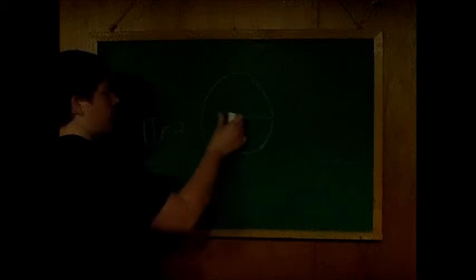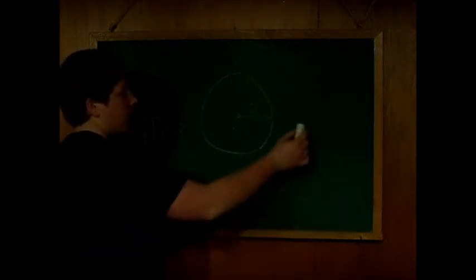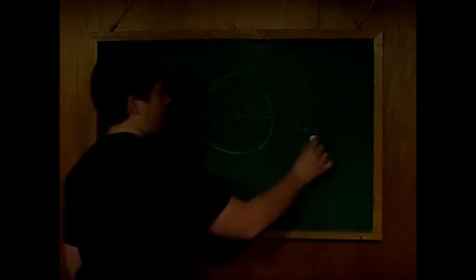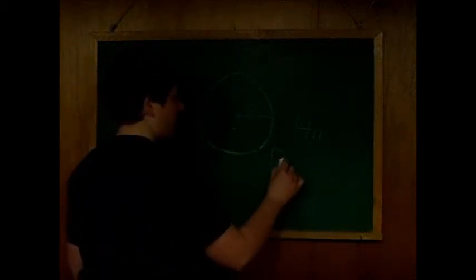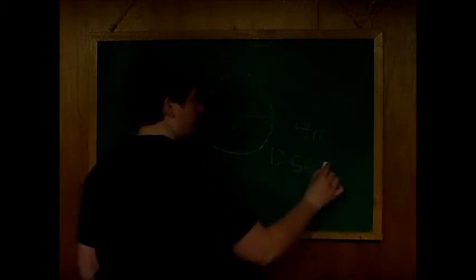But if the radius is just 2, we'll take 2 squared and it will be 4. Now if we take 4 pi and punch that into our calculators, you will get something approximately 12.5663.